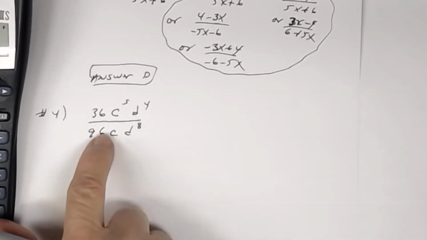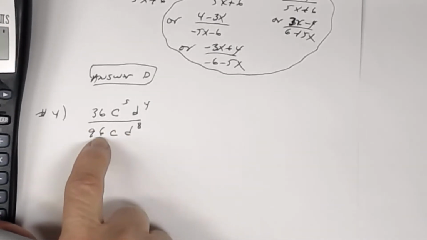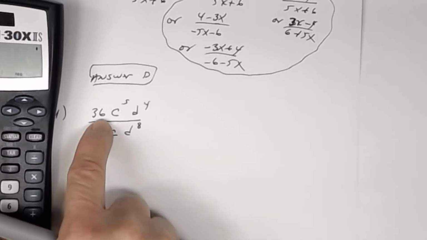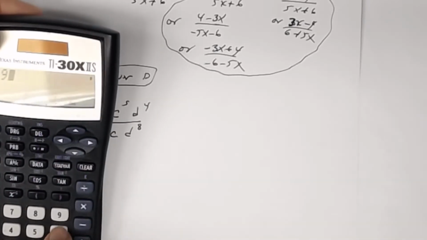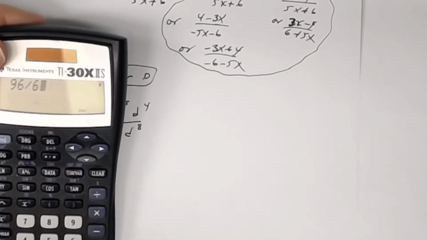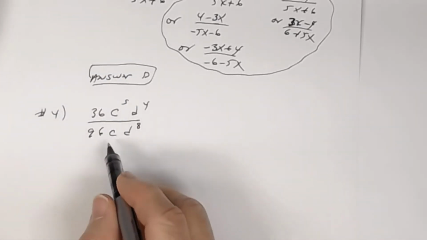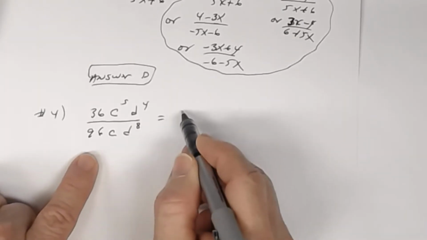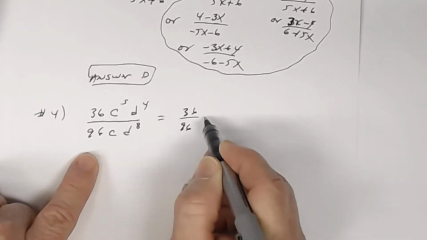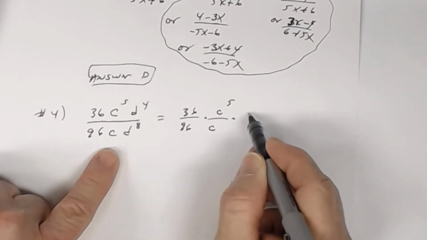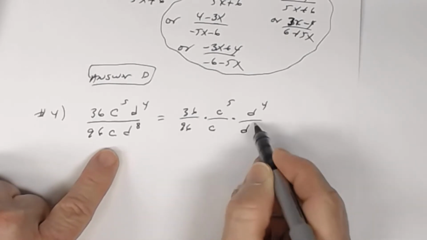So let's try 6 and see if that works. We all know that 36 divided by 6 is 6, but let's see if 96 is divisible by 6, and it is. So I'm going to write this as 36 divided by 96 times c to the 5th divided by c times d to the 4th divided by d to the 8th.